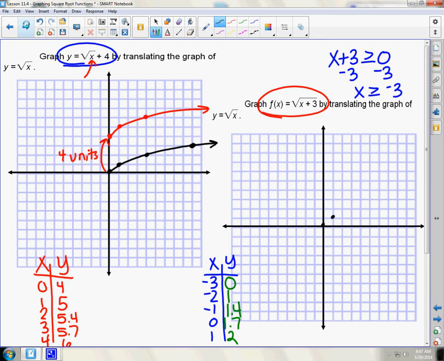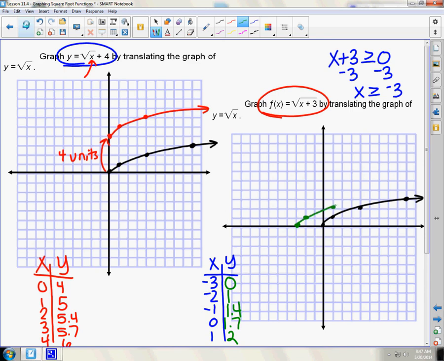Now if I graph this, let's graph our original equation again. 0, 0, 1, 1, 4 is 2, and 9 is 3. All my perfect squares. Now if we graph this one, negative 3 is 0. Negative 2 is 1. Negative 1 is 1.4. And 1 is 2.